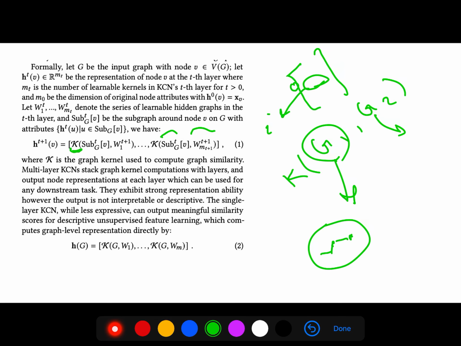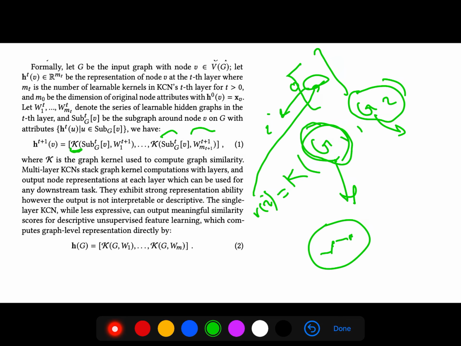For each entry of this vector, they take the subgraph around that node and compare it with the learnable filters. Once they do that, this is the representation for each entry. So it goes here.